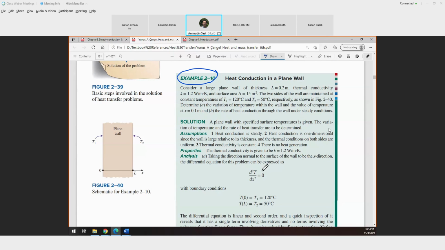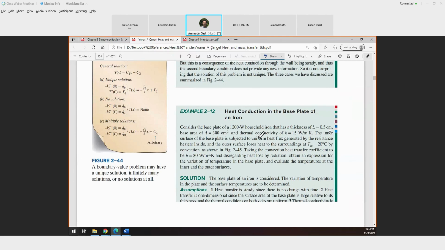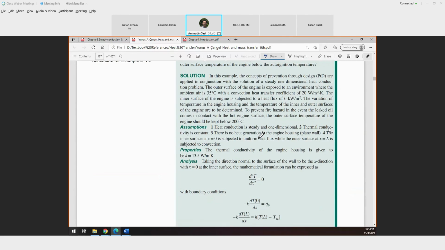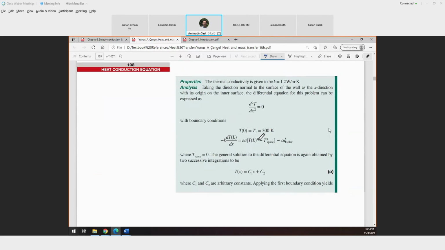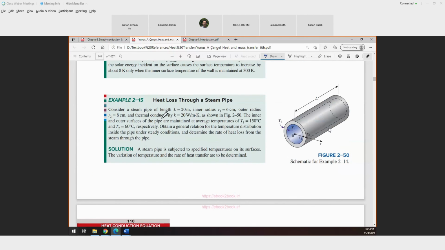You need to know how they got these terms from the long equation until this equation. This is for the plane wall or Cartesian. For cylindrical, you need to go to the example of 215.